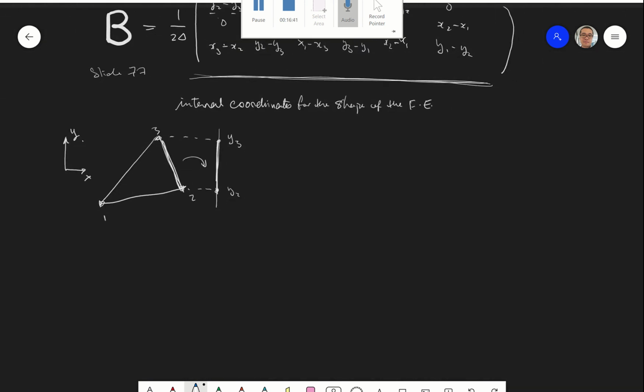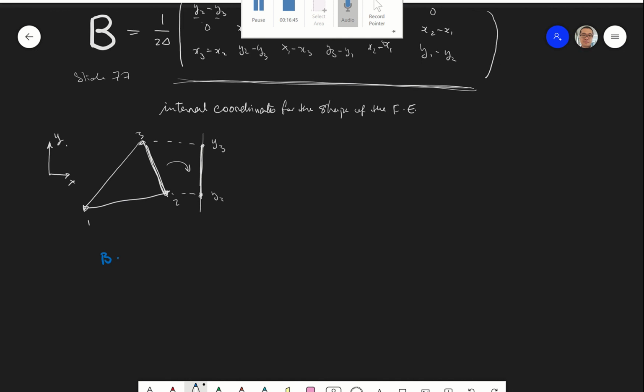So once we have the B matrix, we also have the D matrix. As we showed before, all we want to do is basically work out B transpose dot D dot B. That's our K, the final stiffness matrix element, which is a really long matrix written on slide 78, which you can look at in your lecture slides to get a flavor of how this looks in the real world.